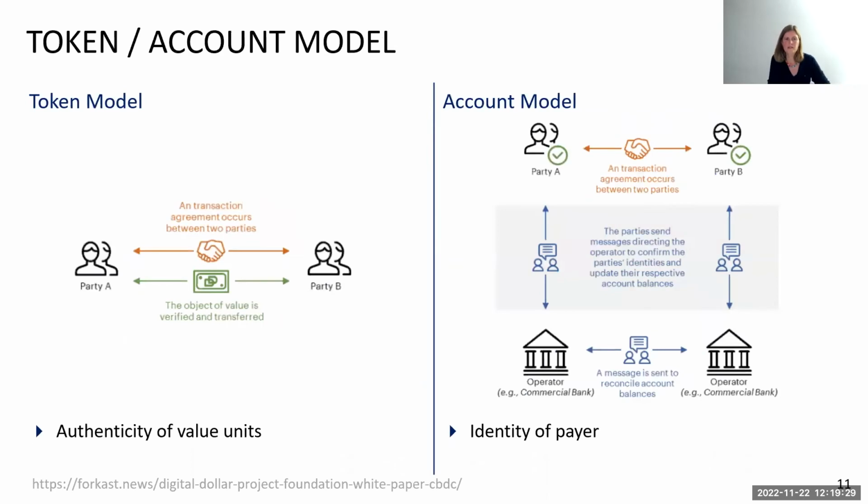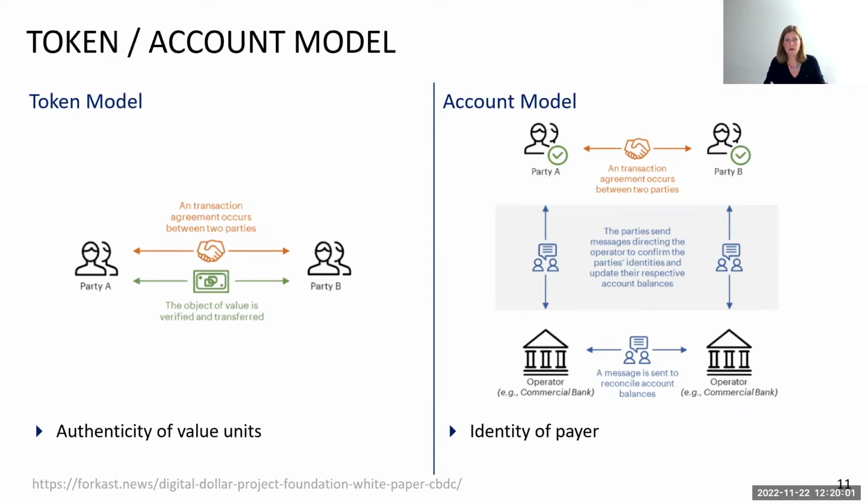The third design consideration is about the token or account-based model. Now, this distinction is not an easy one, and let me just tell you at the beginning that we shouldn't confuse different layers or different aspects. Here, if I talk about token and account-based model, I'm not talking about the technical aspects of, for instance, a blockchain that might be used.